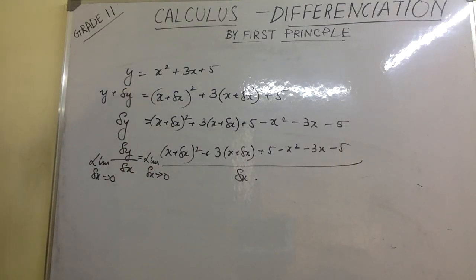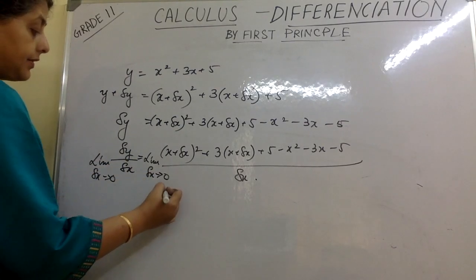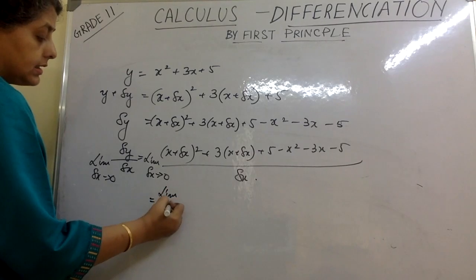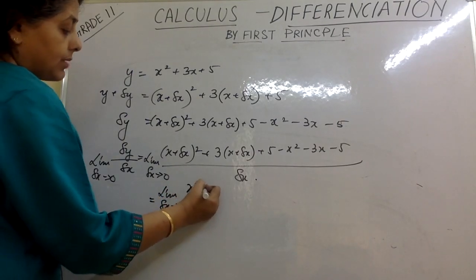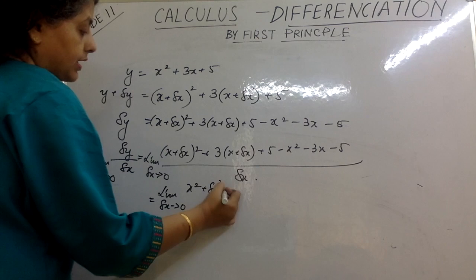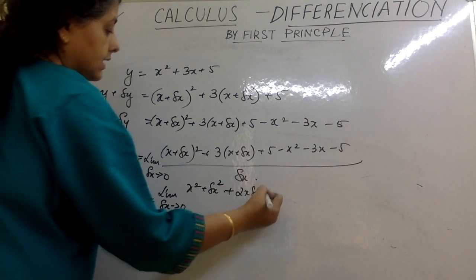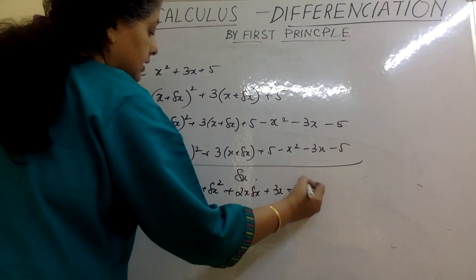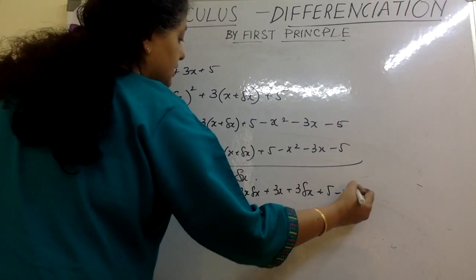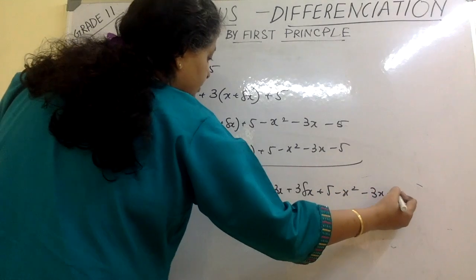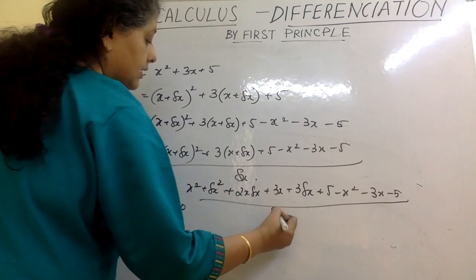Now let's see what happens when I open this bracket. Limit del x tends to 0, x square plus del x square plus 2x del x plus 3x plus 3 del x plus 5 minus x square minus 3x minus 5 by del x.